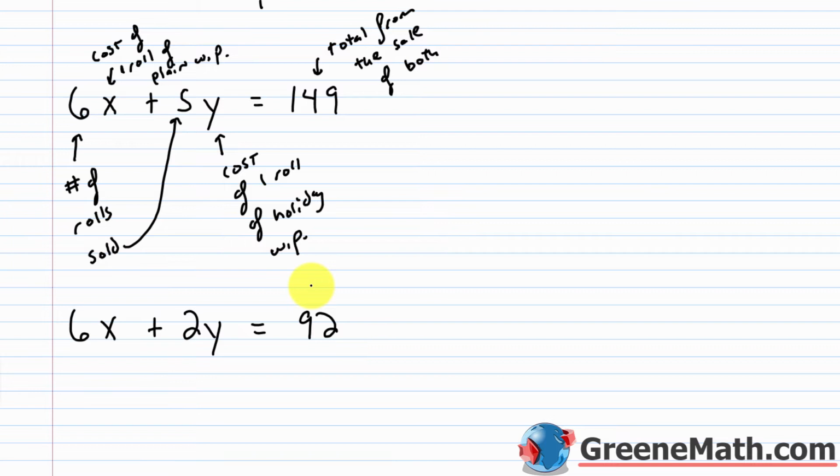So I'm going to rewrite them down here. So I have 6x plus 5y equals 149. And then I also have 6x plus 2y equals 92. Now, it'll probably be easiest to use elimination here. Now, none of my variables would drop out if I just went through and started adding.